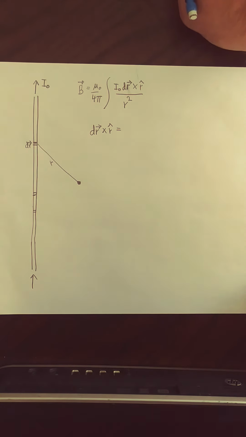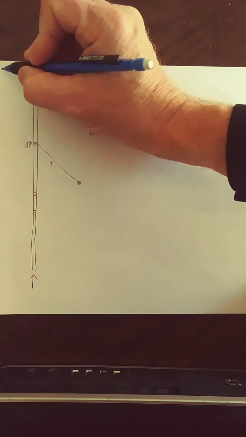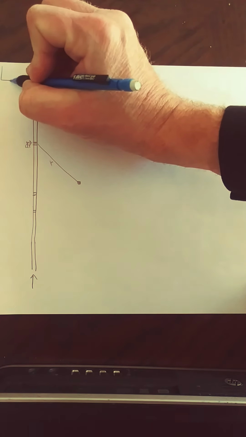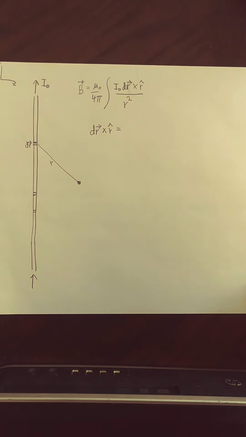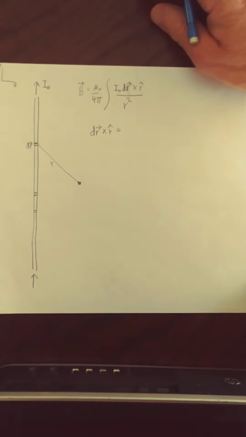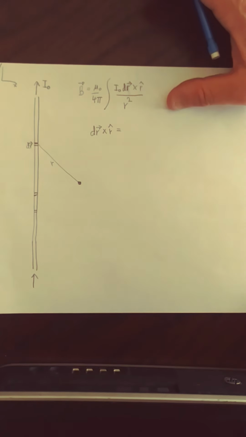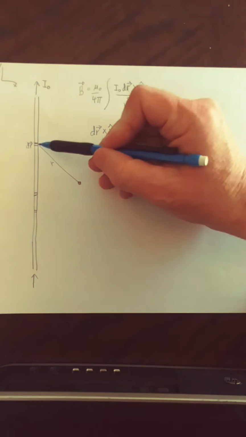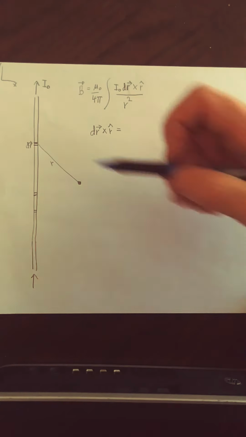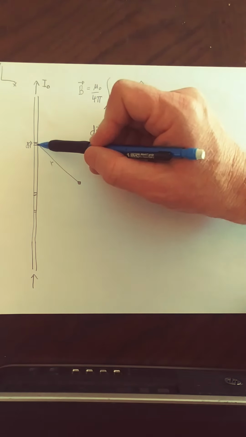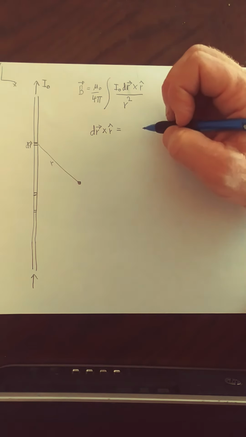So the first bit is dl cross r hat. Let's choose coordinates such that this is y and this is x. Then we would be integrating in y, so the integral would be a dy integral. And dl in magnitude is an infinitesimal distance in the y direction, so that becomes a dy.